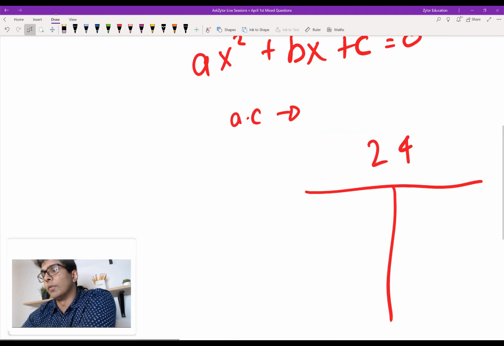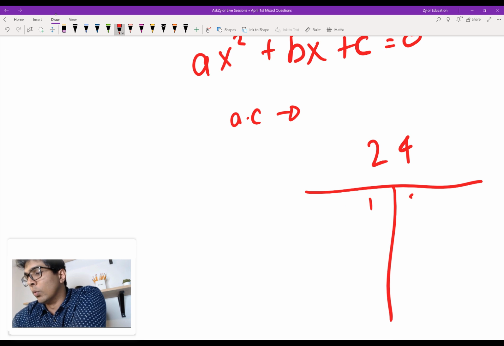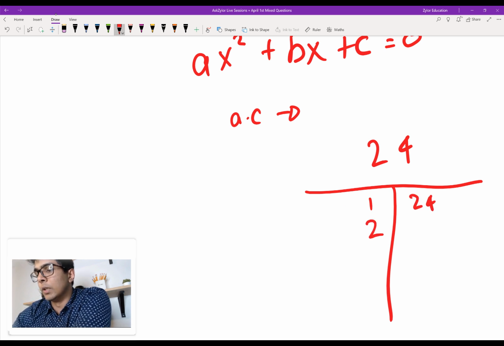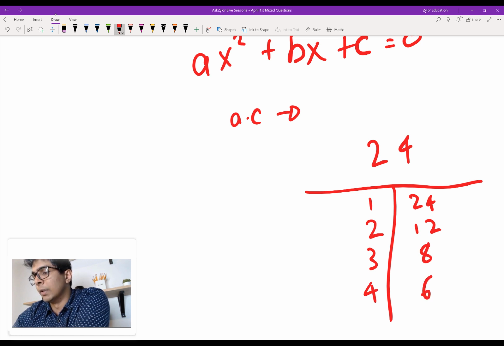So it could be 1 and 24, 2 and 12, 3 and 8, 6 and 4, and that's about it. Then I need to find which pair of these numbers adds up to 14. So this adds up to 25, this adds up to 14, and then I'm done. So I found my factors.